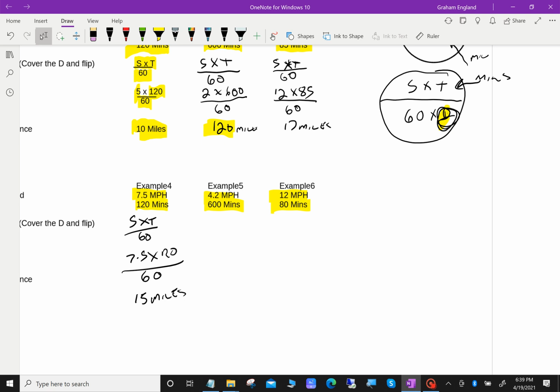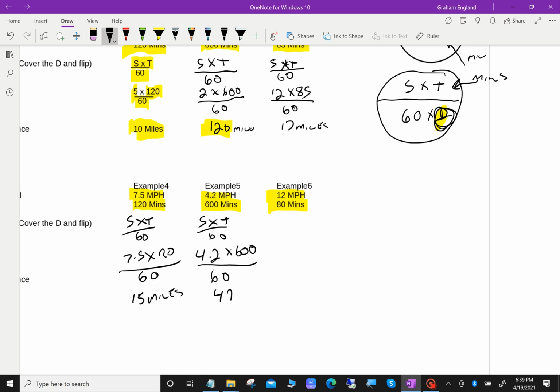Let's do the next one. 4.2 miles an hour. So it's S times time over 60. Speed is 4.2 times time, which is 600, divided by 60. So 4.2 times 600 divided by 60 is equal to 42 miles.